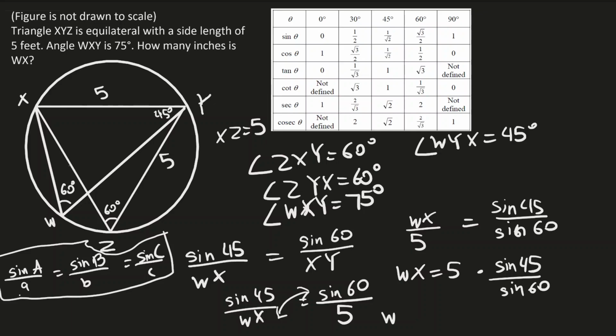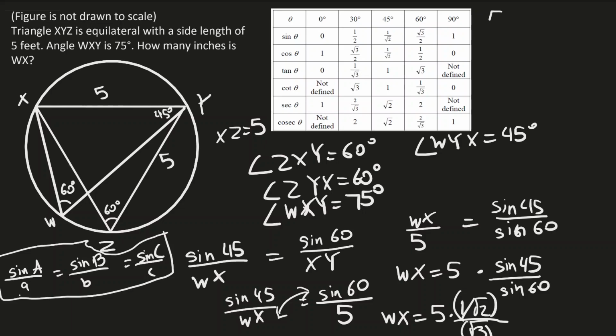So WX equals 5 times, and if you look at this chart, sine 45 is 1 over root 2. And sine 60 is root 3 over 2. Now let's continue the problem up here next to the chart.